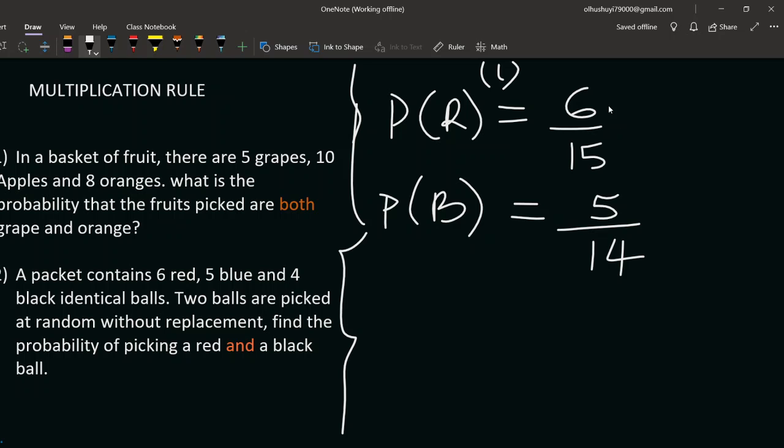Take note of this. You are, of course, using the multiplication rule, but it is not just an independent event, it's a dependent event.